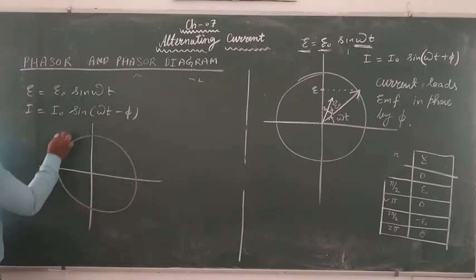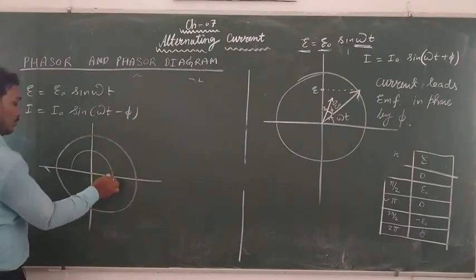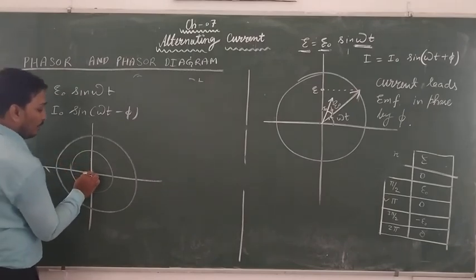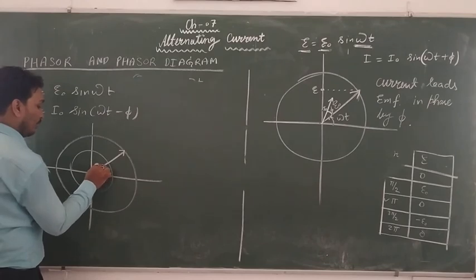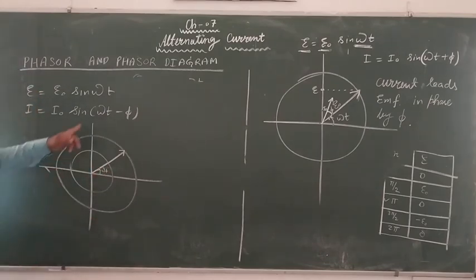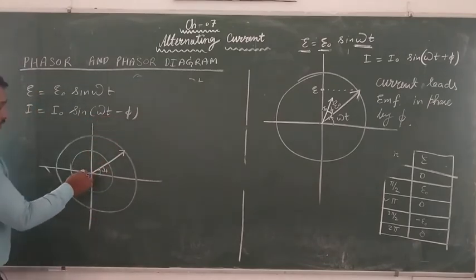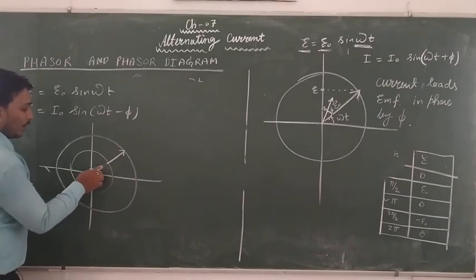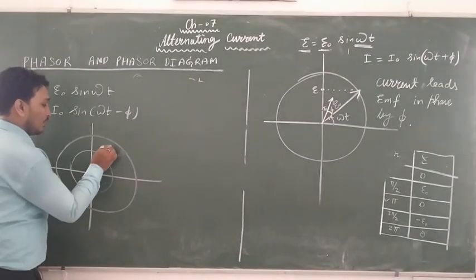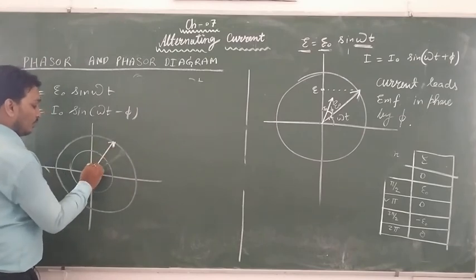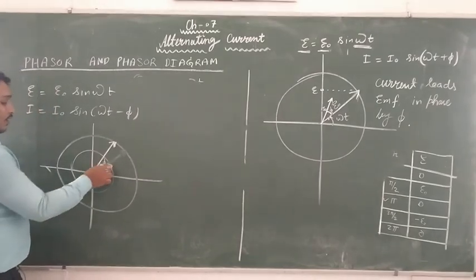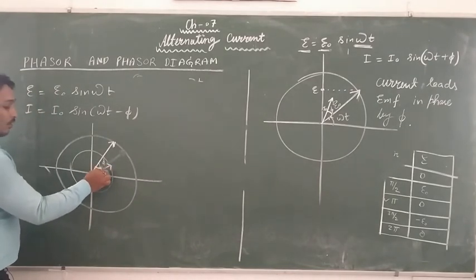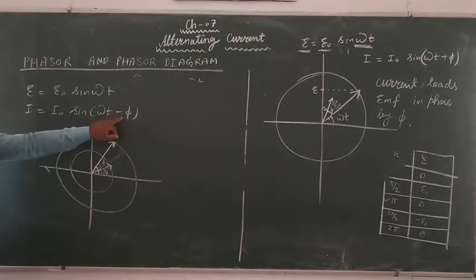So this is for EMF, and let this be for the current. For EMF, the angle is omega t. And this time the current is minus phi of the voltage. Let me make it a bigger one so that we have space to write. So this angle is omega t. At this time the current, this angle will be phi. The current will be behind the voltage because it is a minus sign over there.